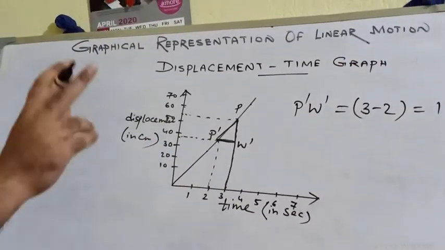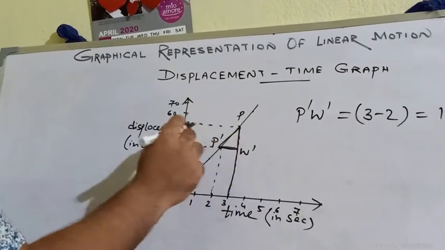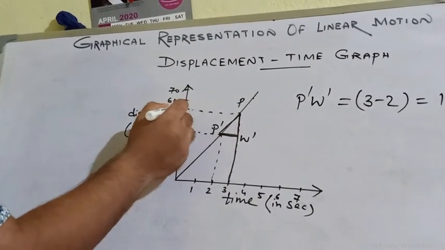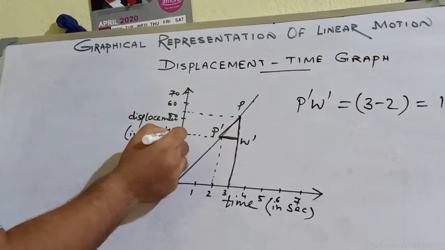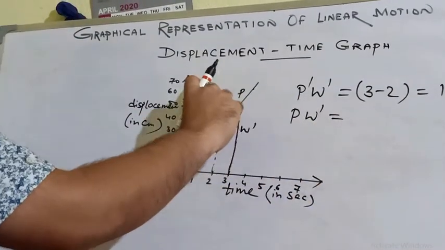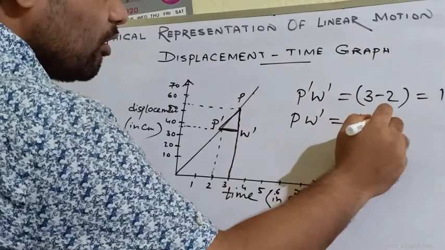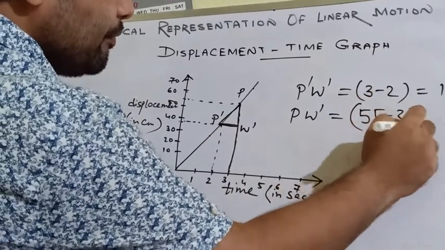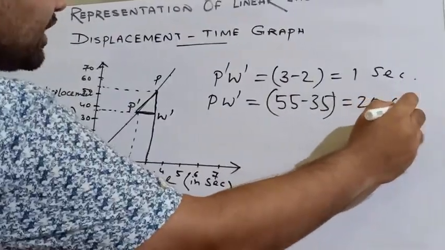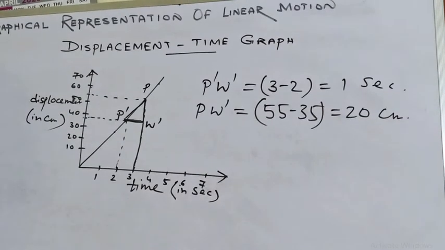Similarly, we will calculate P W dot. This distance is 55 and this is 35. So P W dot is equal to 55 minus 35. That gives us 20 centimeter. Clear? So how to calculate velocity from here?